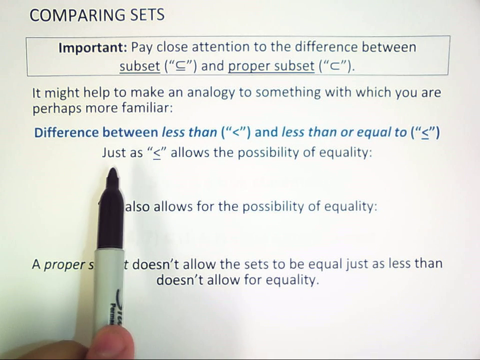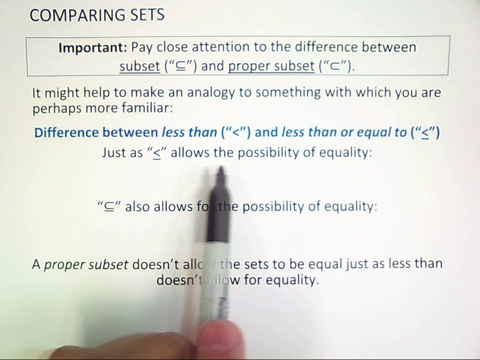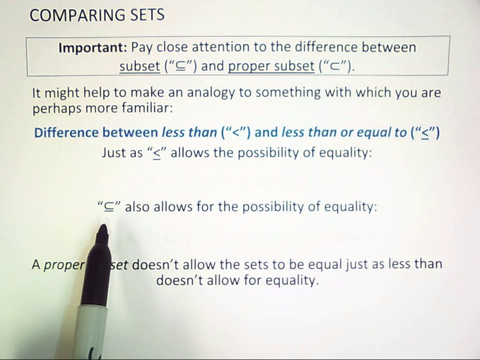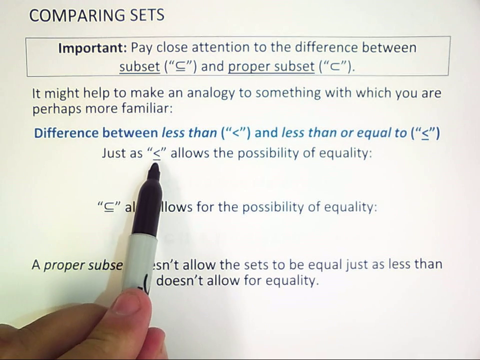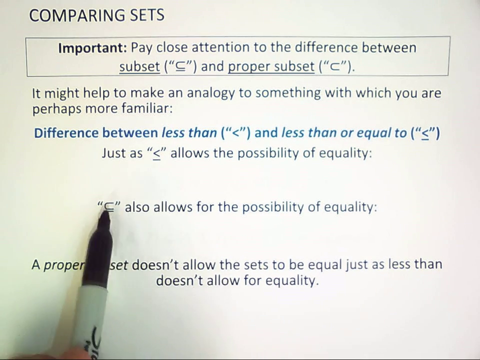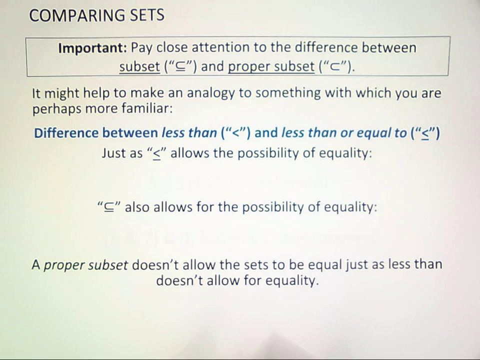And what I'd say about that is just as less than or equal to allows the possibility of equality, if you have the horizontal underline, that also allows the possibility of equality if you're talking about subsets. And remember, a proper subset doesn't allow the sets to be equal in the same way that less than doesn't allow things to be equal.